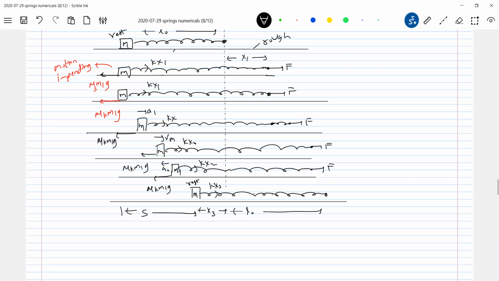Okay, now how can you write the overall set of equations?